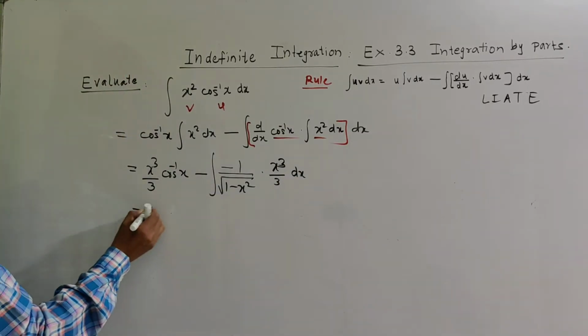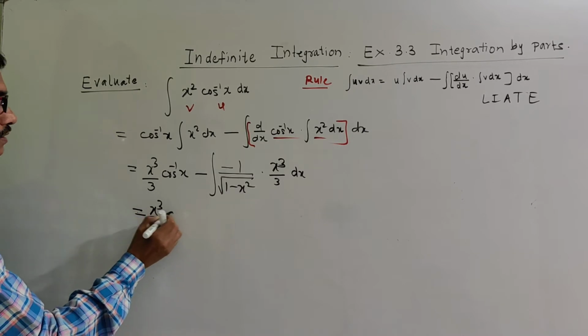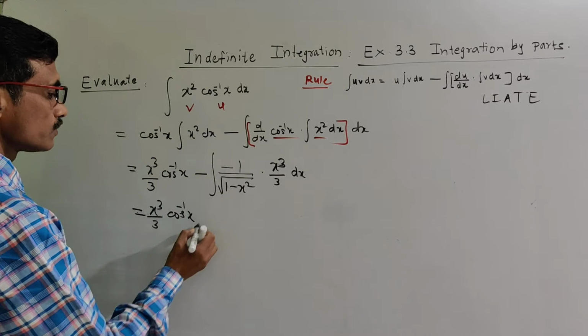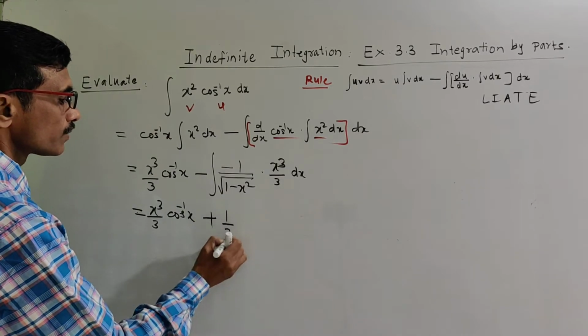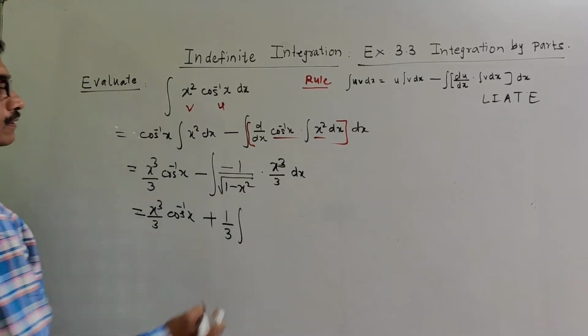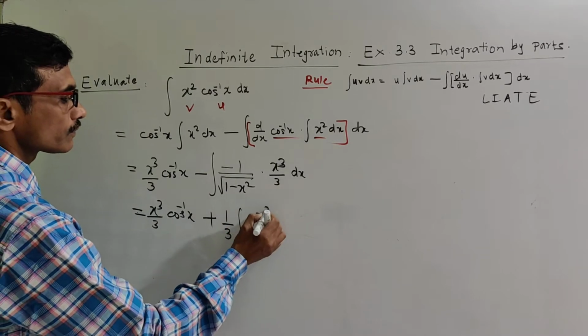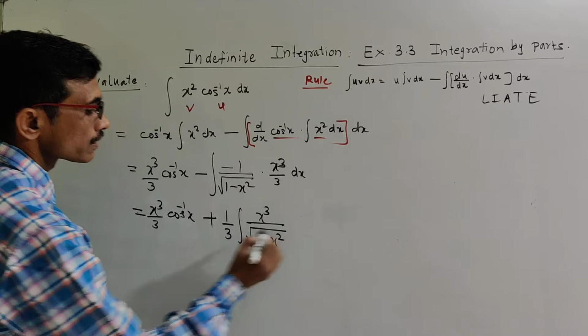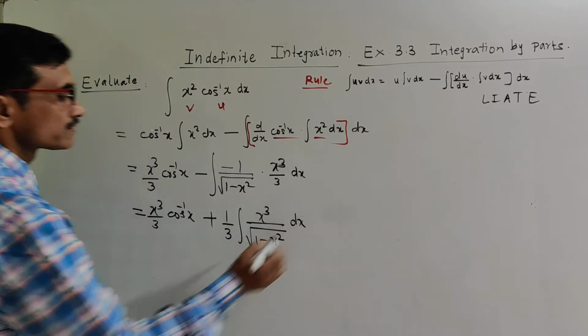This is x cubed by 3 cos inverse of x, and this will be plus, it is 1 by 3 integral of x cubed upon root of 1 minus x square dx.